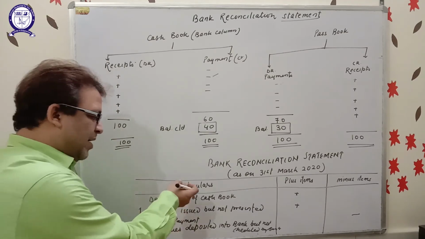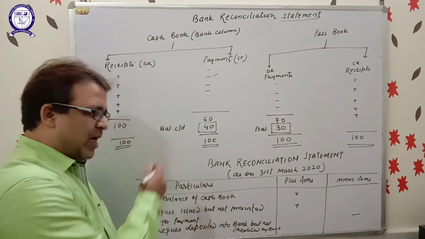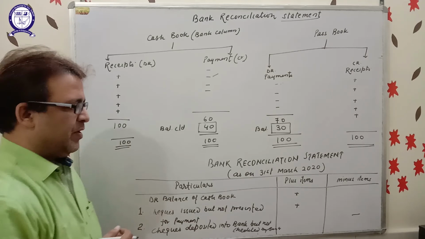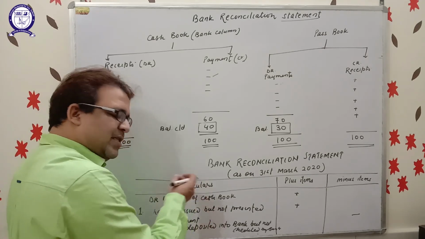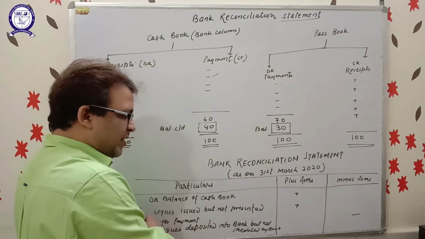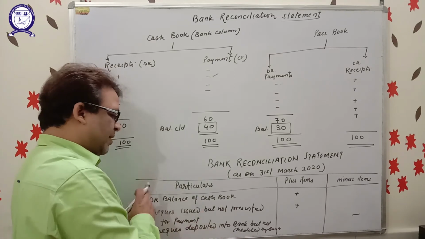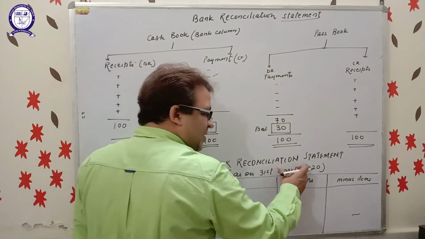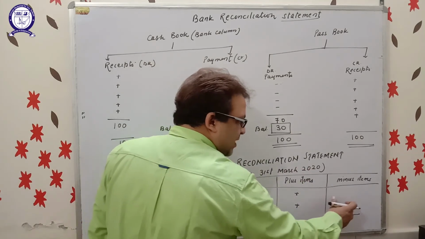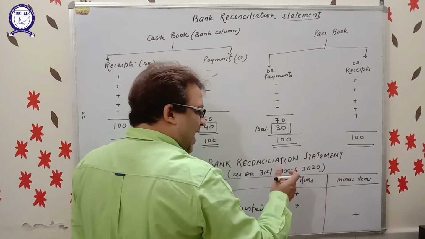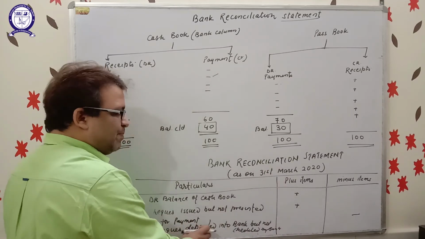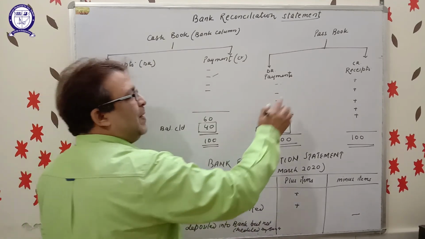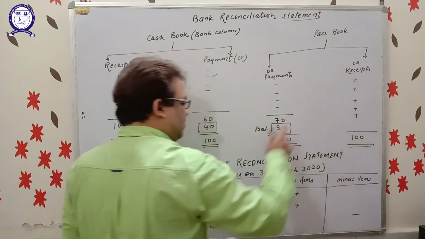In the same way, we will record all the transactions, all the reasons of difference, and the final answer will be balance as per passbook. If plus items are more than the minus items, that means plus balance as per passbook, and plus balance means credit balance as per passbook.